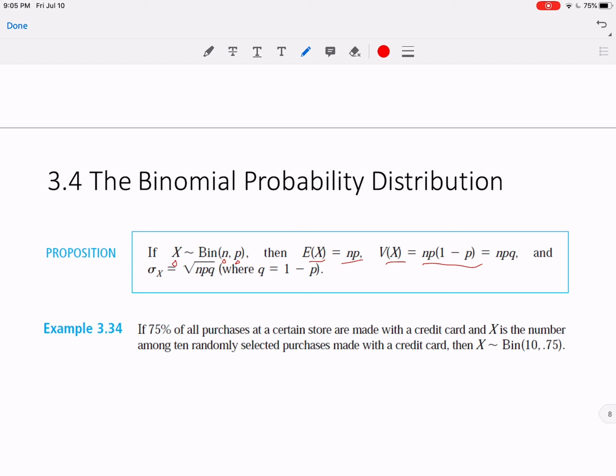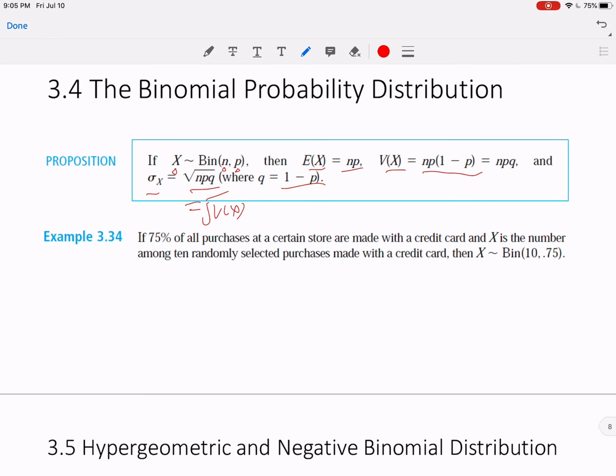And the standard deviation is going to be equal to the square root of variance, which is equal to the square root of npq, of course, where q is equal to 1 minus p, okay? So this proposition is very important. Once you know this proposition, it's going to save you a lot of time to calculate the variance and the expected value of a binomial probability distribution.